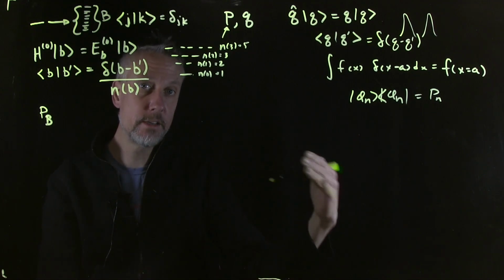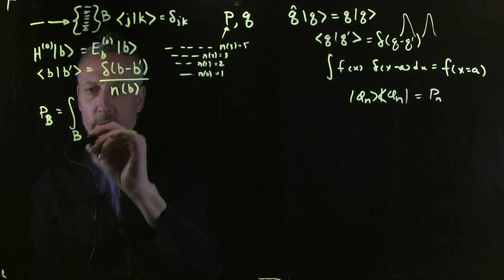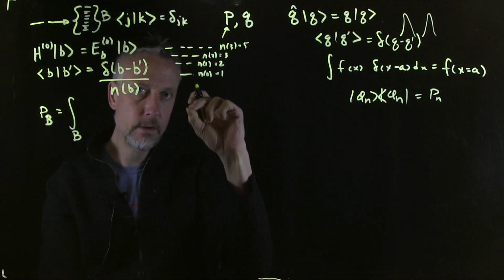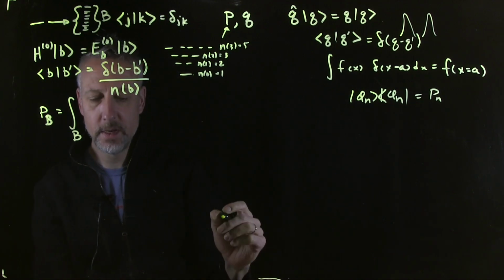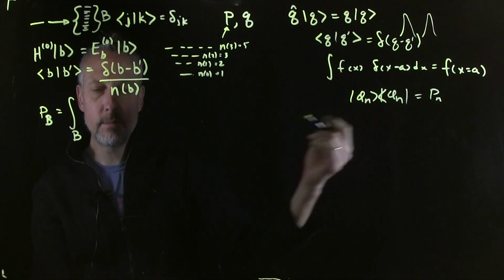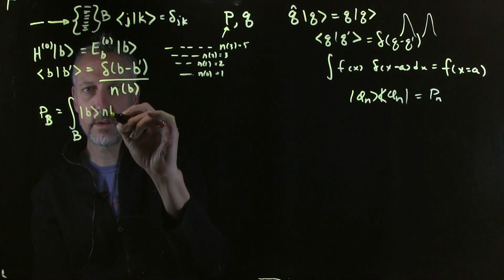But we can project onto a subset. So that's what this is going to be. We simply integrate over that region of energy B to capture the substate that we have. And then we're going to integrate, just like we had before, the projector, but we're going to include into that the possibility that there's degeneracy.